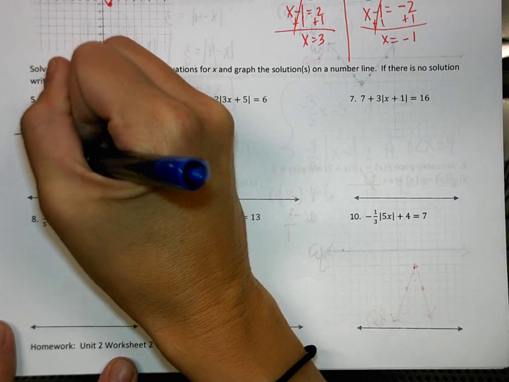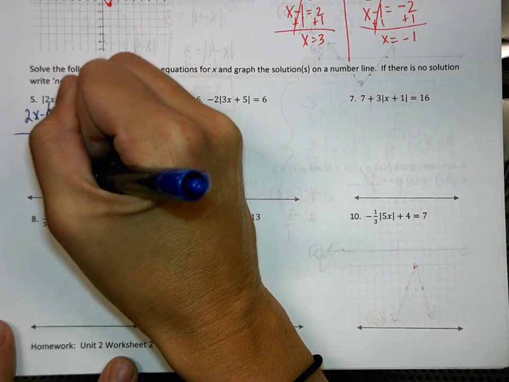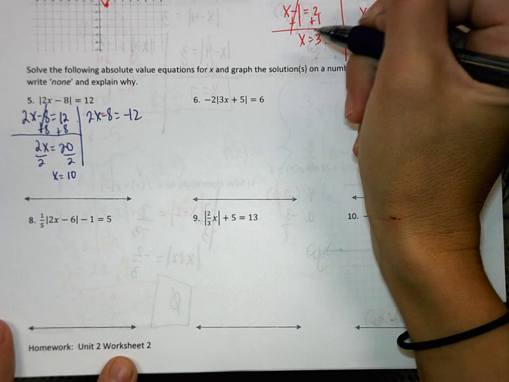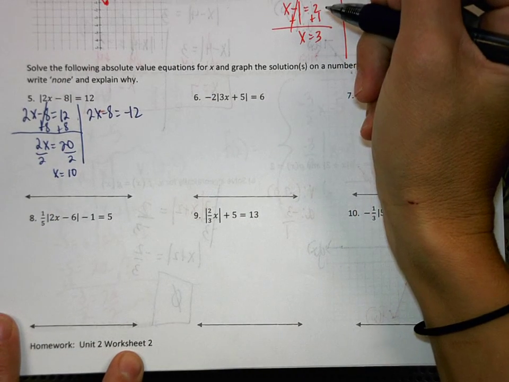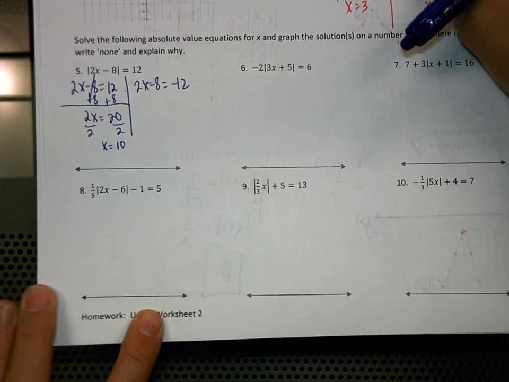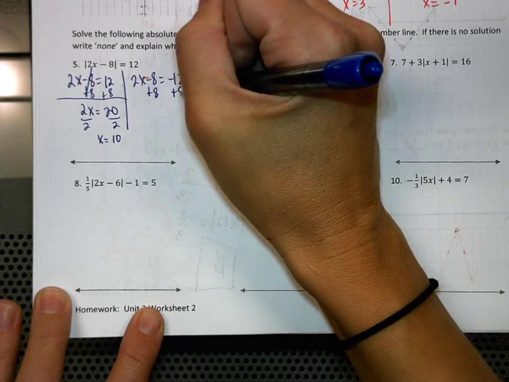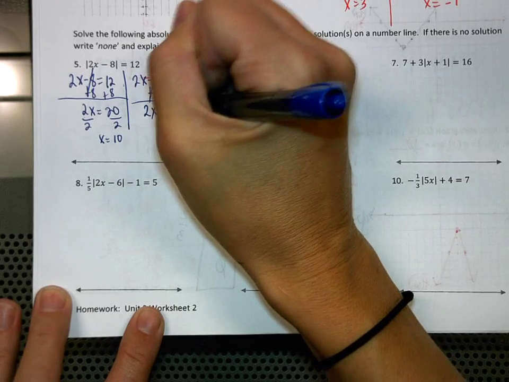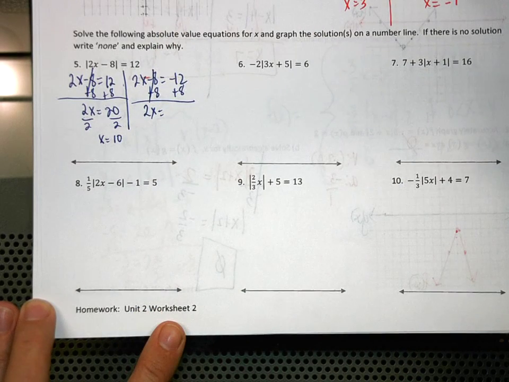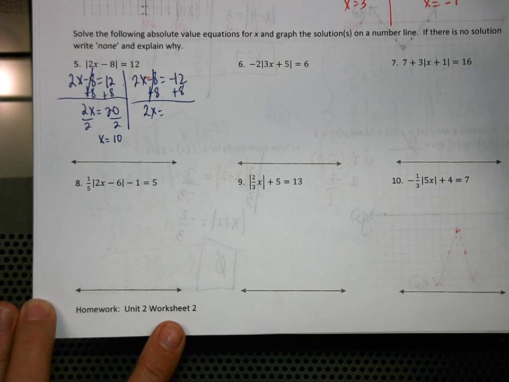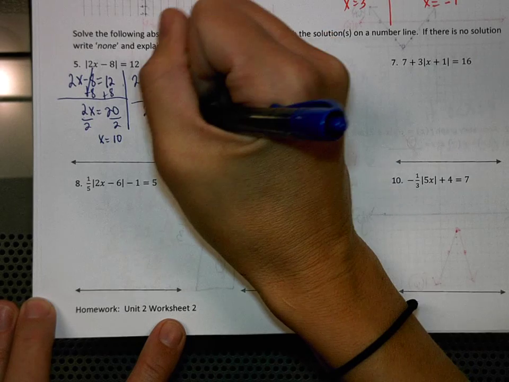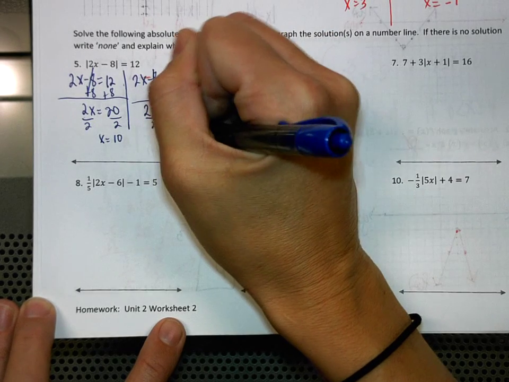Divide by 2 and I get x equals 10. For my other equation, I add 8 to both sides. 2x equals negative 12 and 8 makes, good. Divide by 2 and we get x equals negative 2.